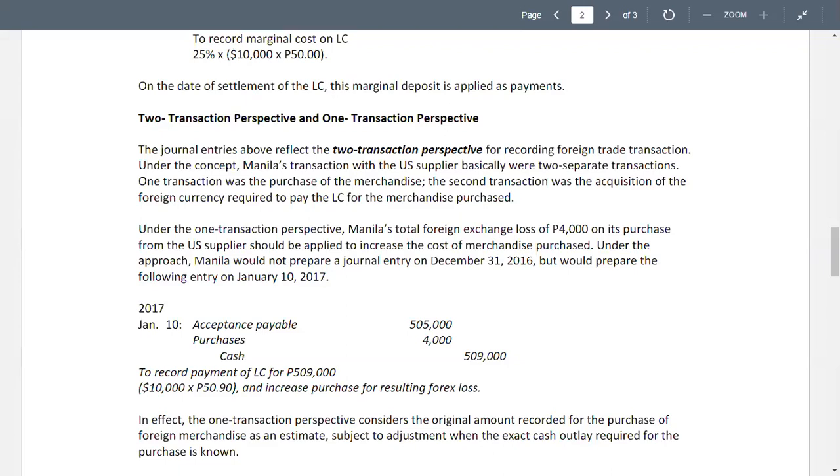In contrast, increases in the buying spot rate for a foreign currency to be received by a Philippine company in settlement of a receivable denominated in that currency generate foreign exchange gains to the company.